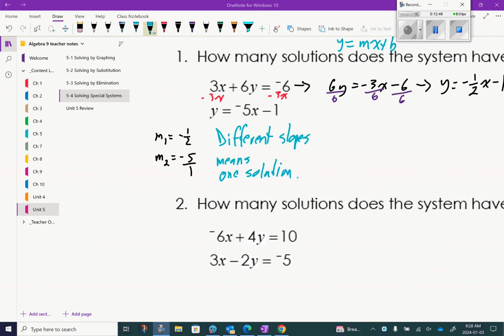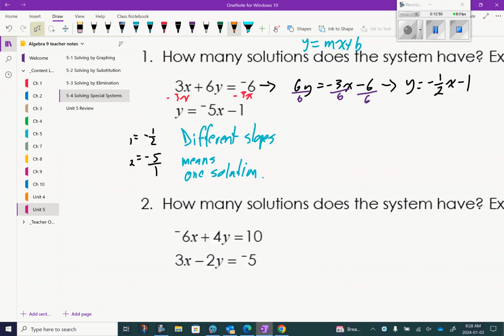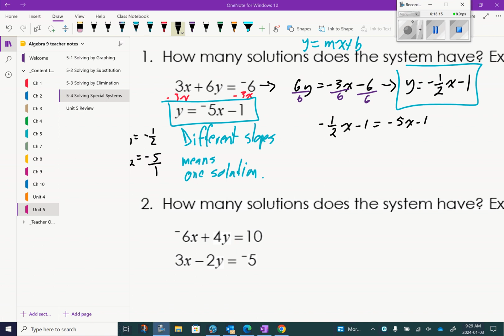Now again, if we've already taken the time and effort here to put the two equations in slope-intercept form, we could do the substitution method. If y is equal to negative 1/2 x minus 1 and y is equal to negative 5x minus 1, for our point of intersection, we set them equal to one another. I know, some of you won't like those fractions.